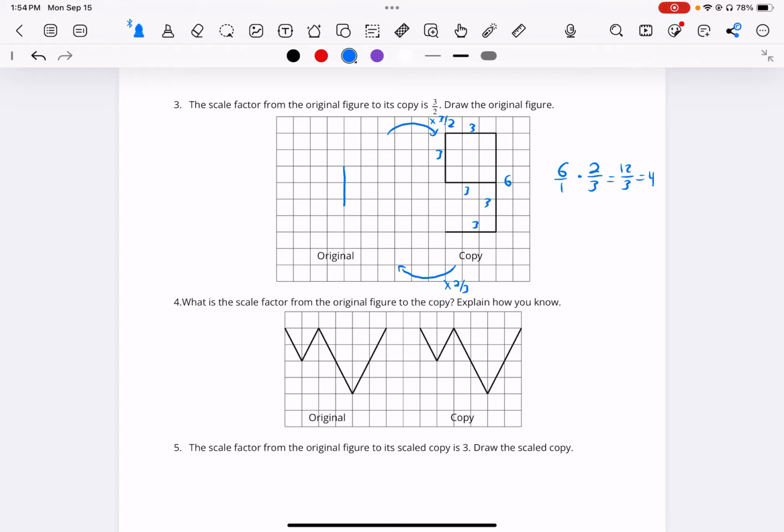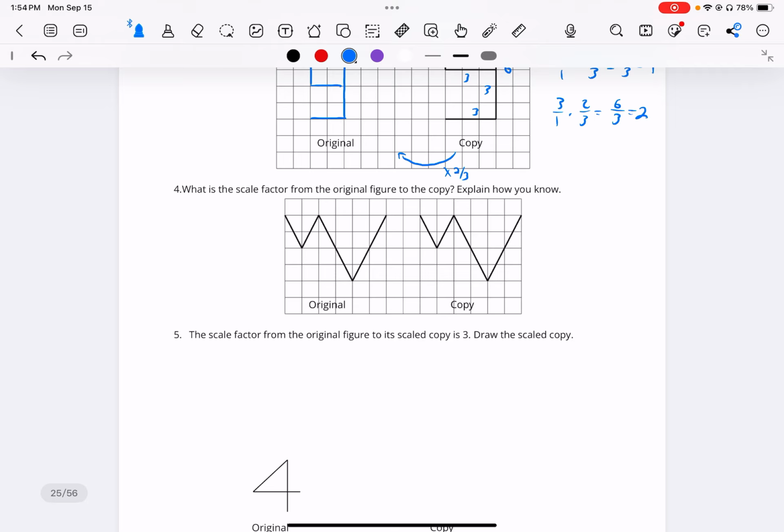So it's going to be 4 high. And then 3 over 1 times 2/3 gives us 6 over 3, which is 2. So everything else is going to be 2. So it's going to be 2 down, 2 across, and then this bottom part will also be 2. So that would be my original drawing.